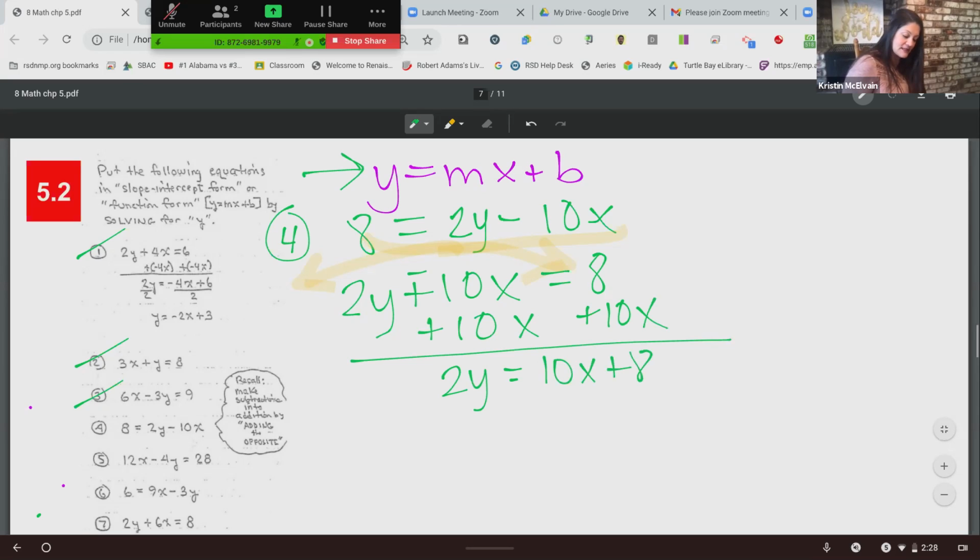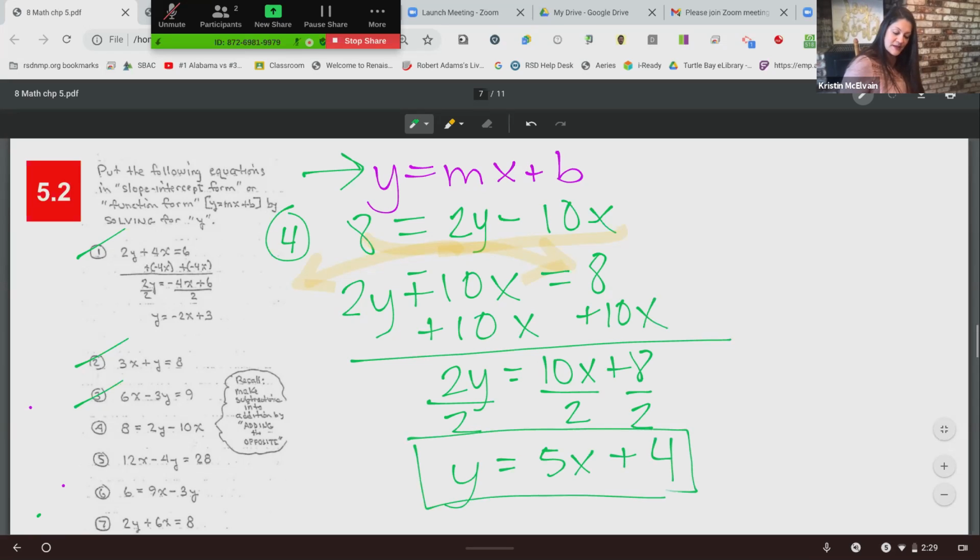Divide everything by 2. Leaves me with y equals 5x plus 4. So there's my slope-intercept form. My slope is positive 5, and my y-intercept is 4.